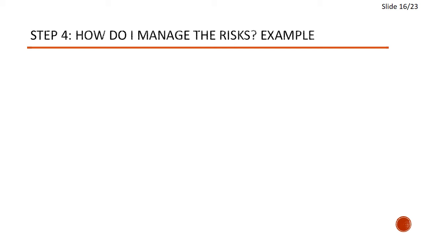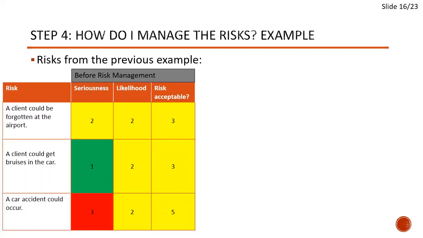Let's return to our previous example to show what this will look like. Let's start with the first example, forgetting a client at an airport. Do we want to manage, accept, or avoid the risk? Well, we can't avoid the risk because that would mean that we would have to avoid picking clients up from the airport. This is not something we can do. We also don't want to simply accept the risk because it has a value of 3.